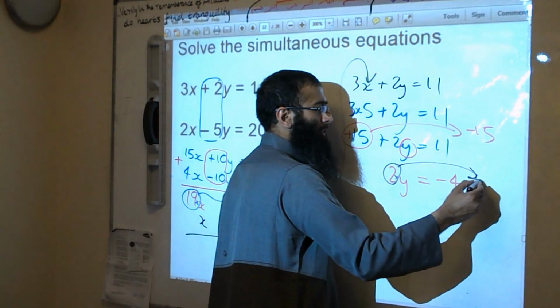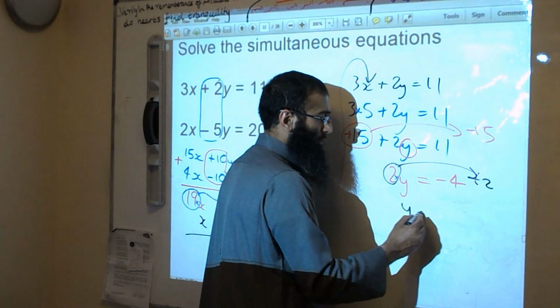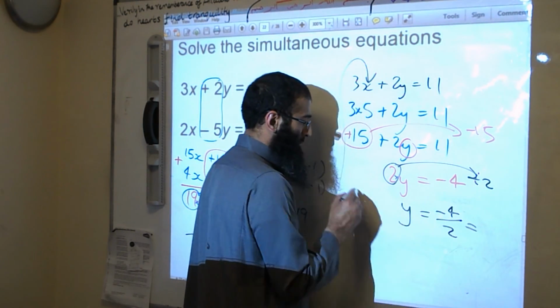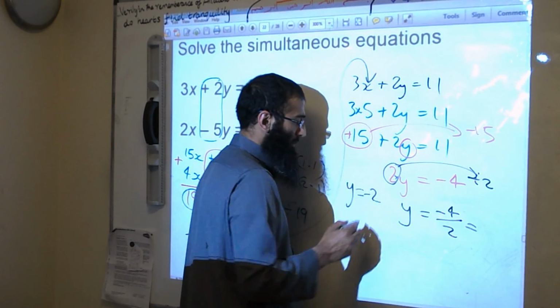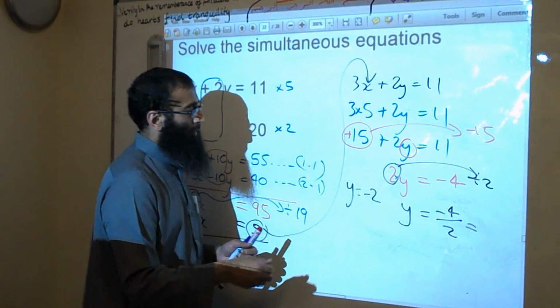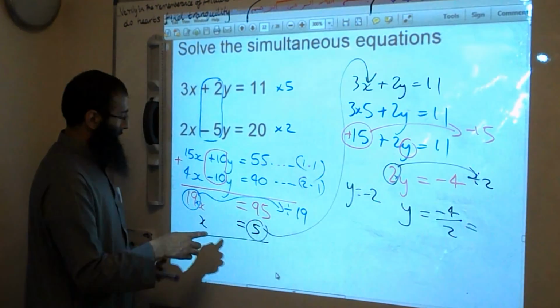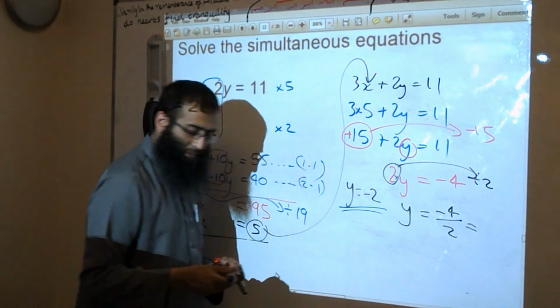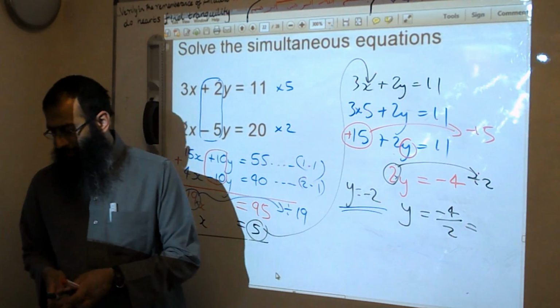Opposite of times by 2 is divide by 2. So y is equal to minus 4 divided by 2, which gives us minus 2. So x was equal to 5, y is equal to minus 2, and that's a good place for us to stop here.